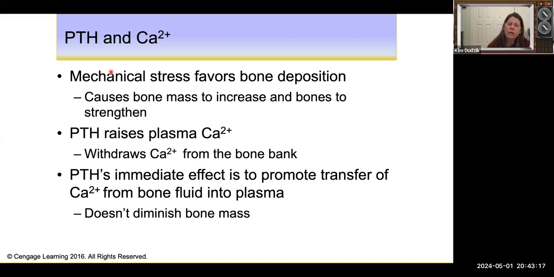The real underlying causes are uncertain right now, but we do know that postmenopausal women don't produce as much estrogen, and estrogen preserves bone. So postmenopausal women really have to be careful about this. I just wanted to add that in there.